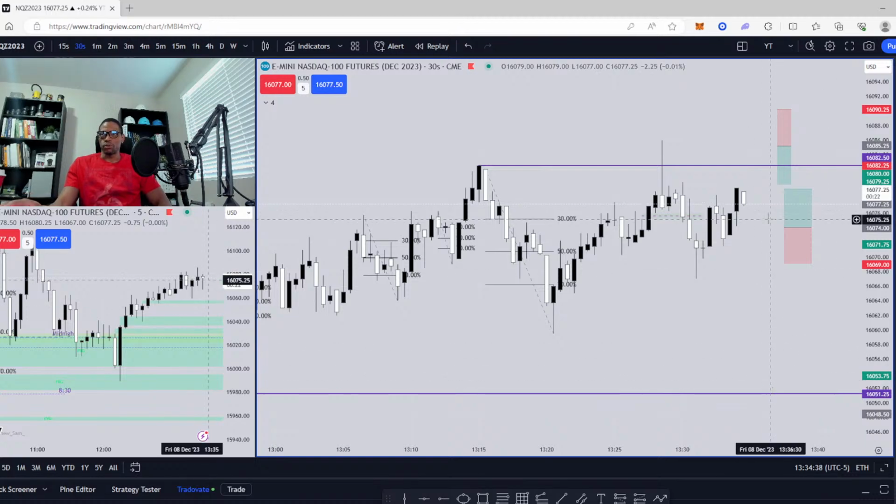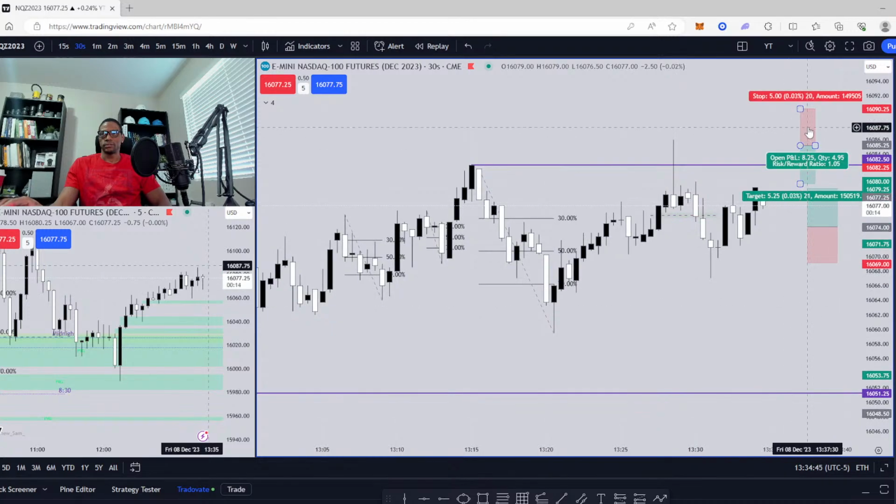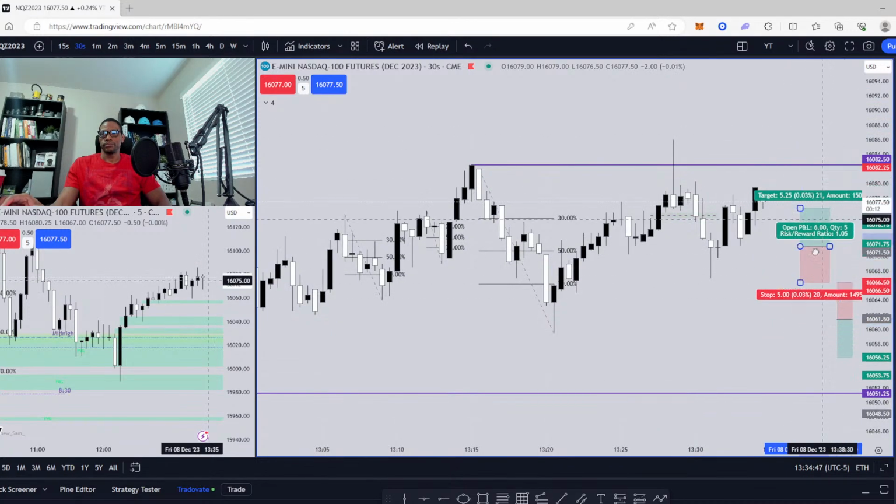It's the moment where price will put a candle body above. Move this out of the way.